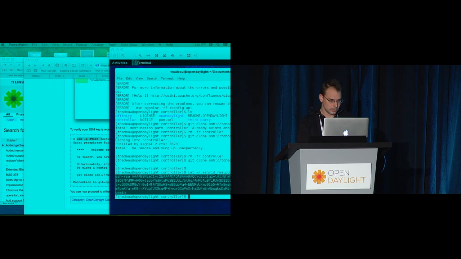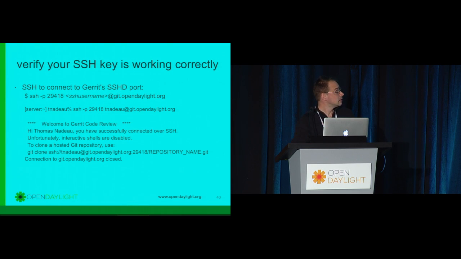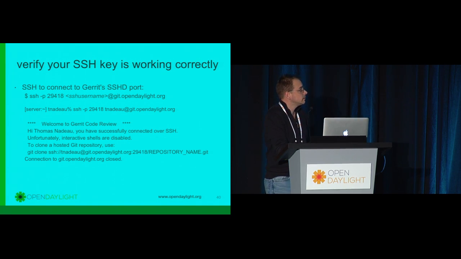Okay, so here we go. Here's my slide. This is how you test to make sure that your key has been installed correctly. In the terminal, run SSH, and it has to be to port 29418.